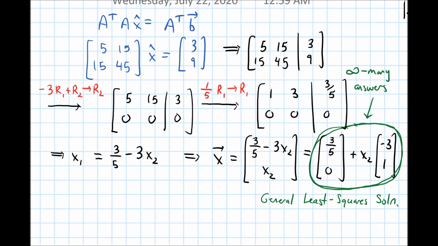So one other thing that I want to point out is, what if I just wanted one particular least square solution? We could just let the free variable, in this case we have one, but if we had many, we could pick whatever we want for the free variable. So the simplest thing that we could pick is we could just let x2 be 0.